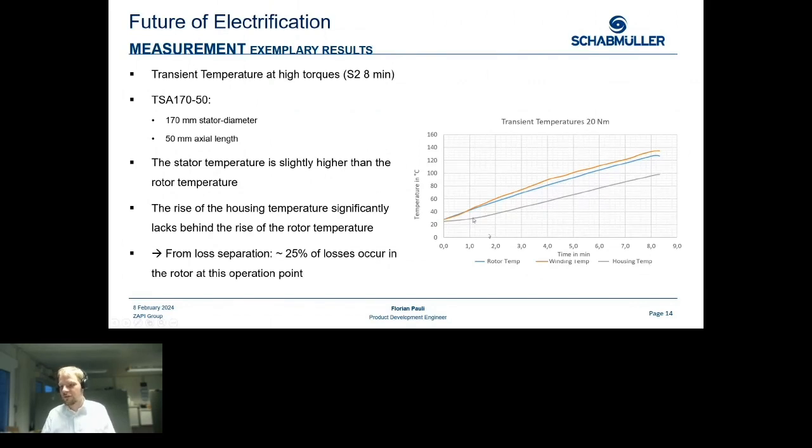You can see that also for the sensor, which was not placed directly at the windings, but at the housing. It takes some time until it even starts to warm up, and then it significantly lags behind. So it depends very much on the operating scenario whether the rotor is warmer or the stator is warmer, and how large the temperature difference between those two components is.